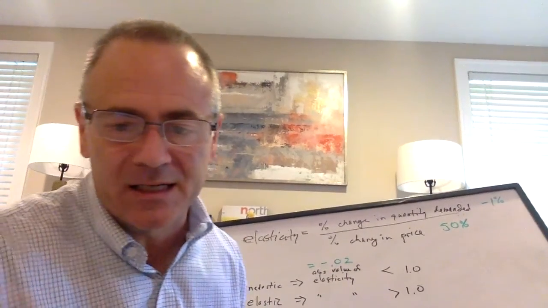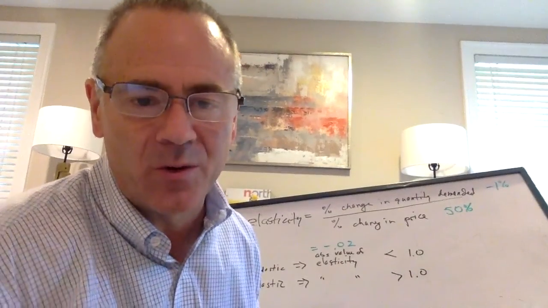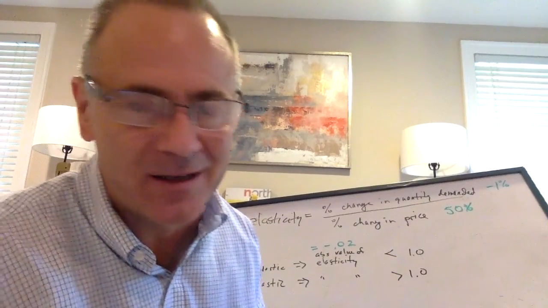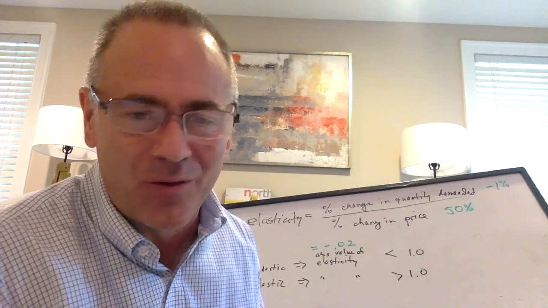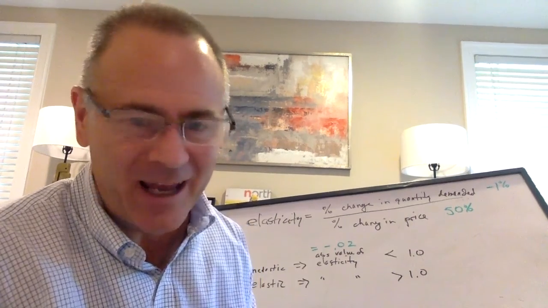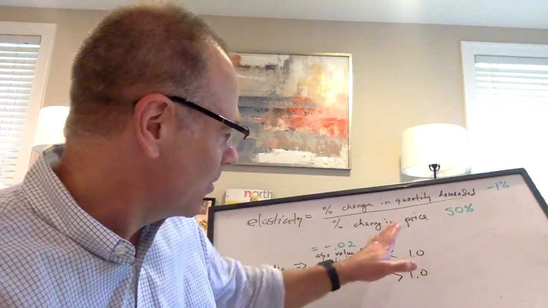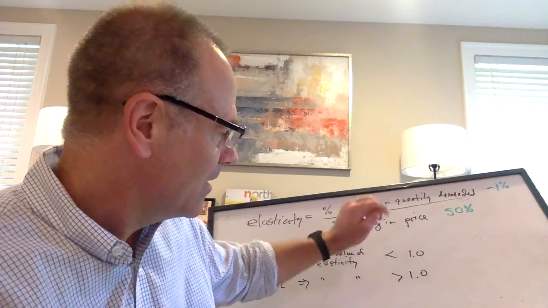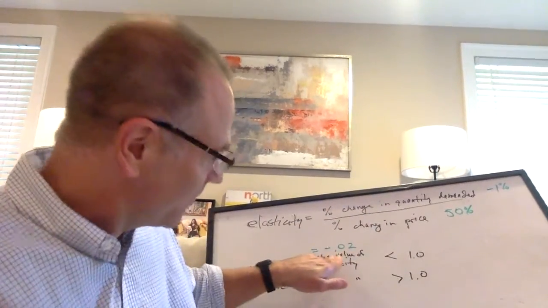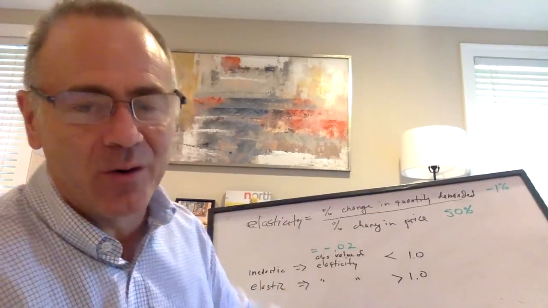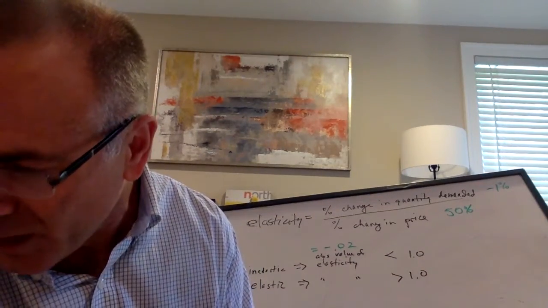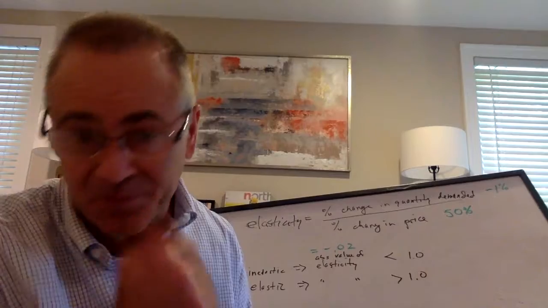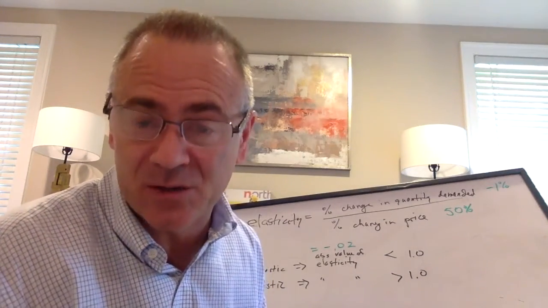And you may ask, what if it equals 1.0? The book calls that unit elasticity. I don't care about that. That will not be on the exam. You're welcome to forget it completely. So in my class, the absolute value of every elasticity is going to be either greater than 1.0 or less than 1.0, never equal.